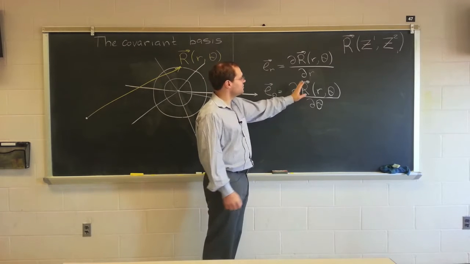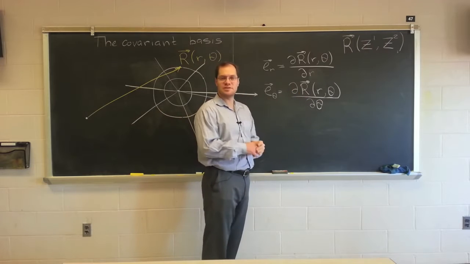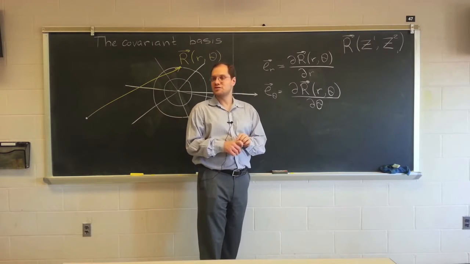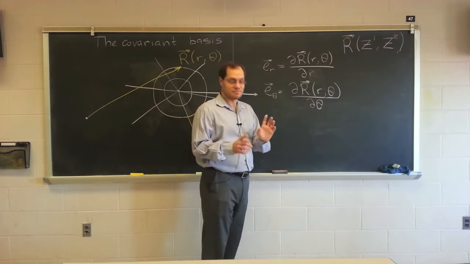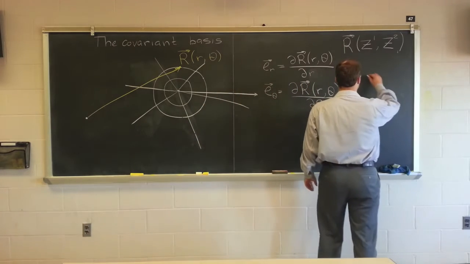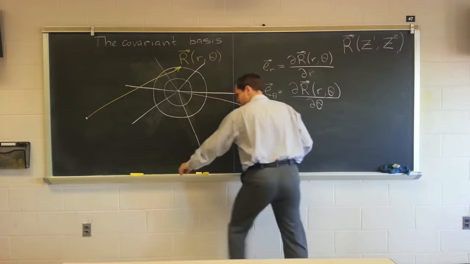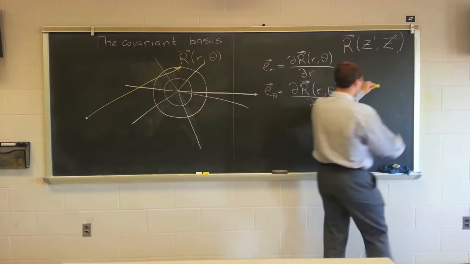But let's evaluate these guys. It won't take much space for the Cartesian coordinate system. Let's start there and then do the polar coordinate system. Here's my Cartesian coordinate system.